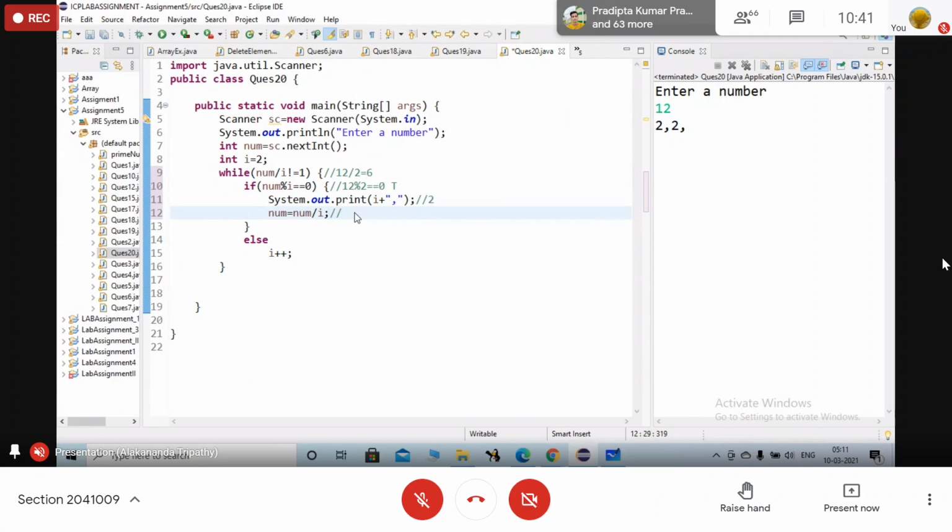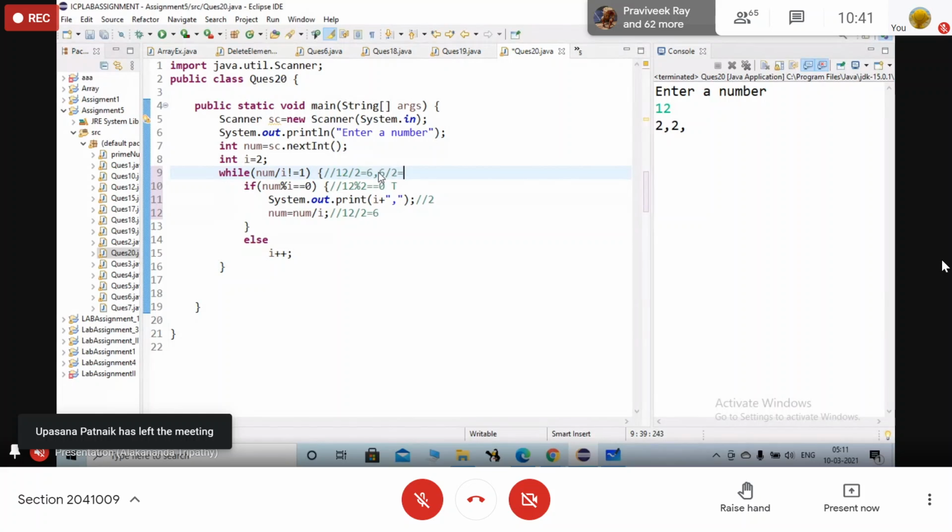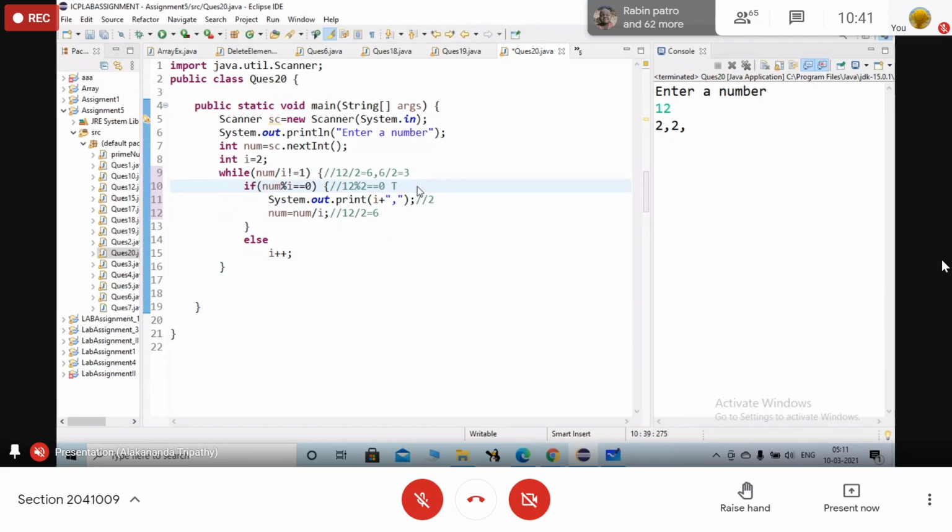2. Again here 12 divided by 2 कितना आ गया? 6. Again check here. 6 divided by 2 equals to कितना है? 3. Now check here. 6 mod, what will be the I value? I का वैल्यू कितना होगा? 2 is equals to 0.